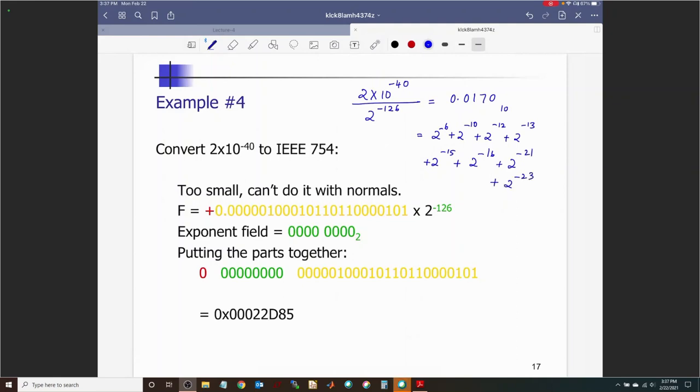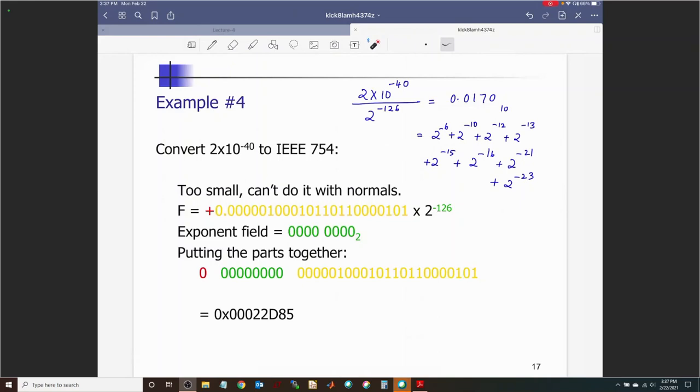So if you add all of them up, you get 0.0170. In other words, what I did was I essentially converted this decimal value to binary using 23 bits.